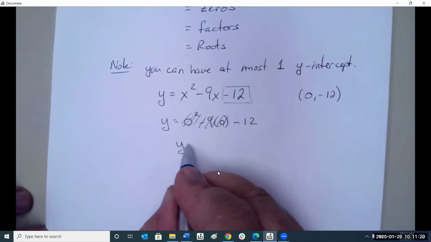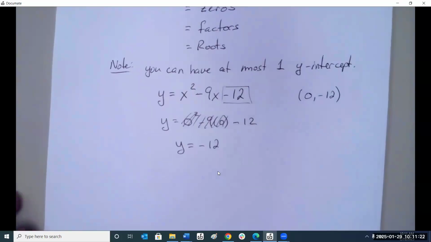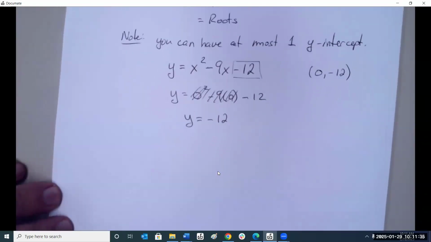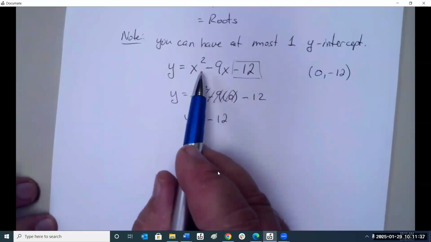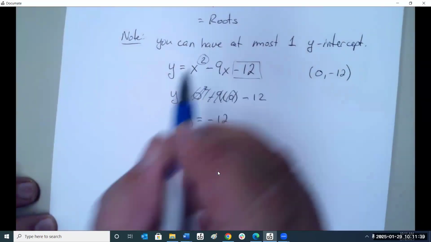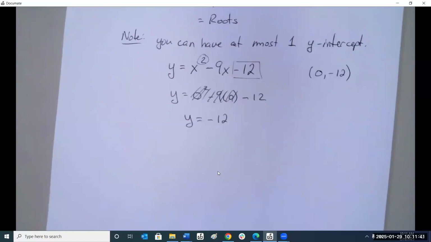So all we have left is our constant. So that's always easy. But now, because the degree is 2, that means we can have two x-intercepts, two solutions.